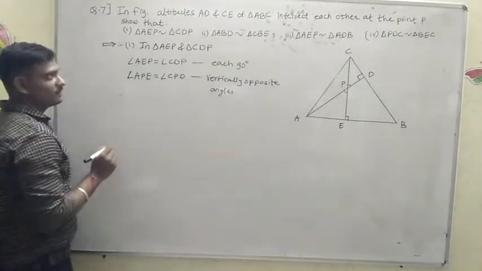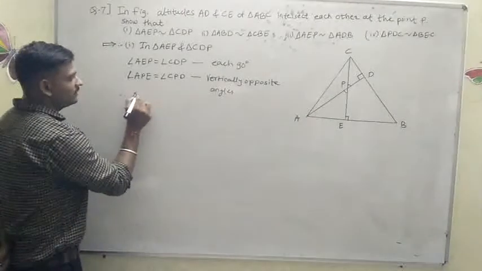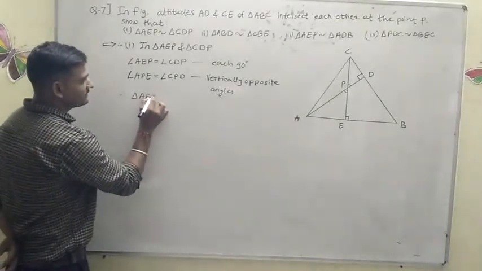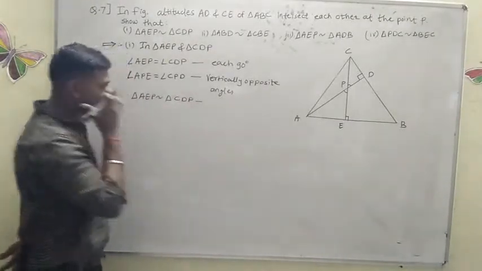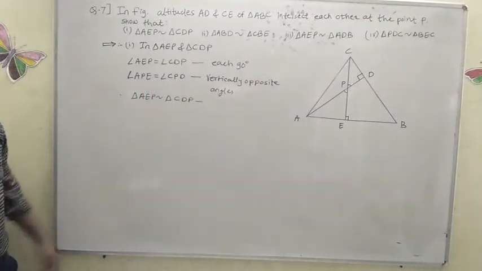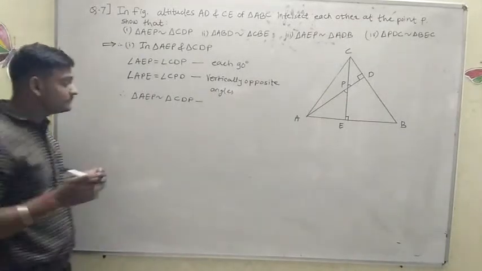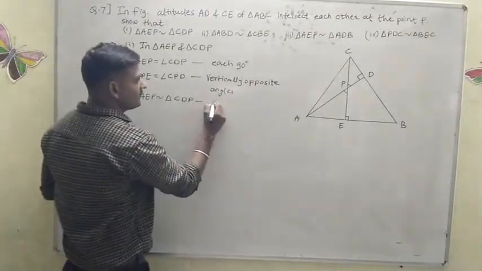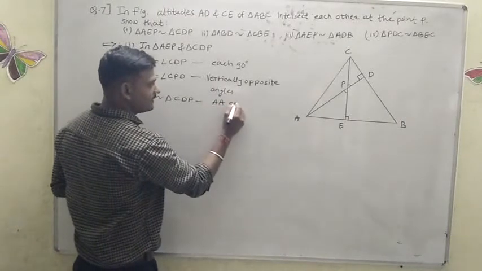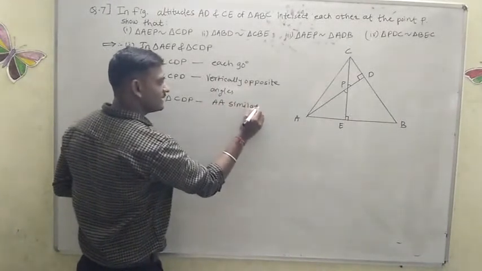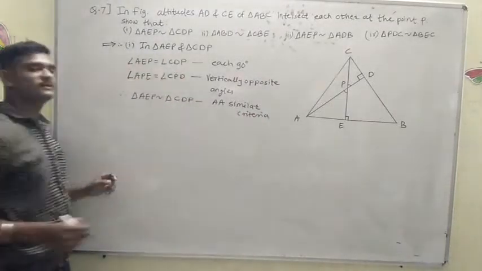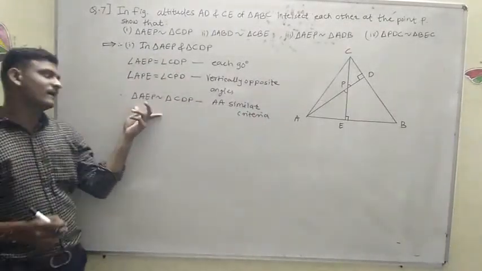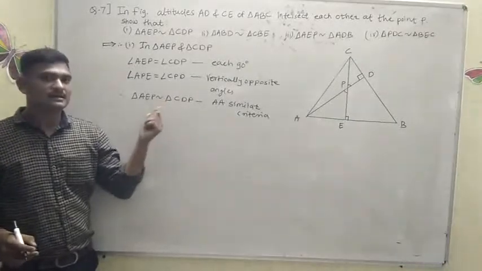Therefore, now can I say that triangle AEP is similar to triangle CDP? What is the reason? The reason is by AA similarity criteria, because two angles we got equal. Therefore, we can say that triangle AEP is similar to triangle CDP.